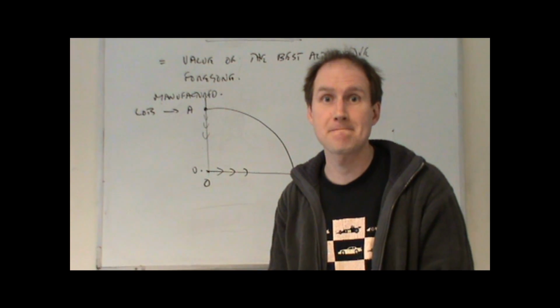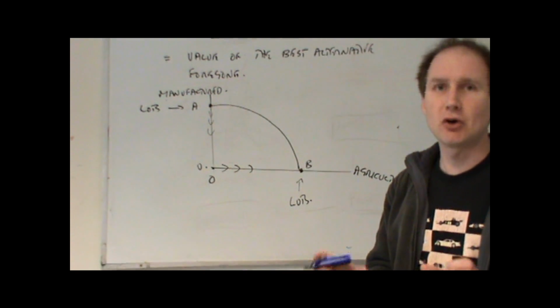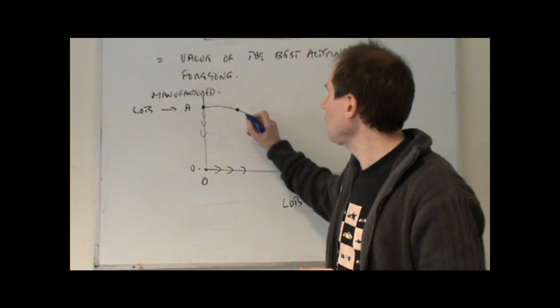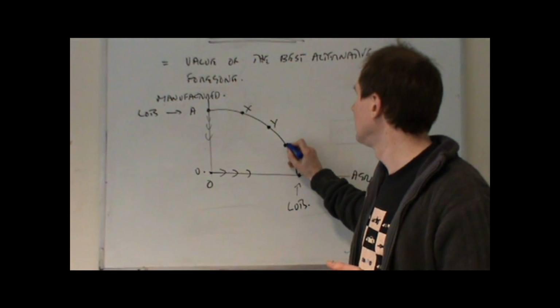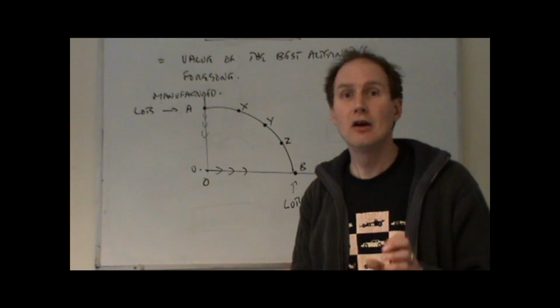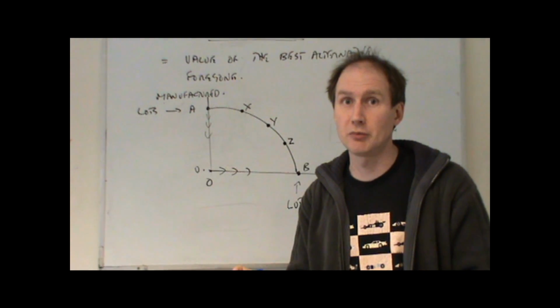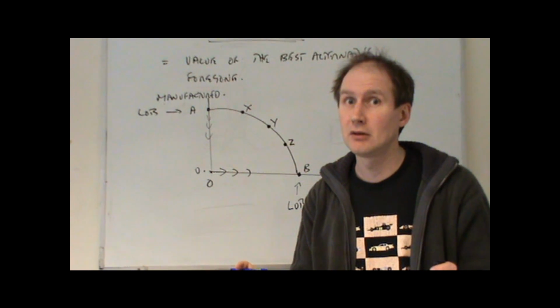What can it show us? The first thing it can show us is the concept of employment of resources. Any point, whether we're talking about point X, or point Y, or point Z, all three of those points are showing an economy where all the resources are being used. The resources are fully employed.